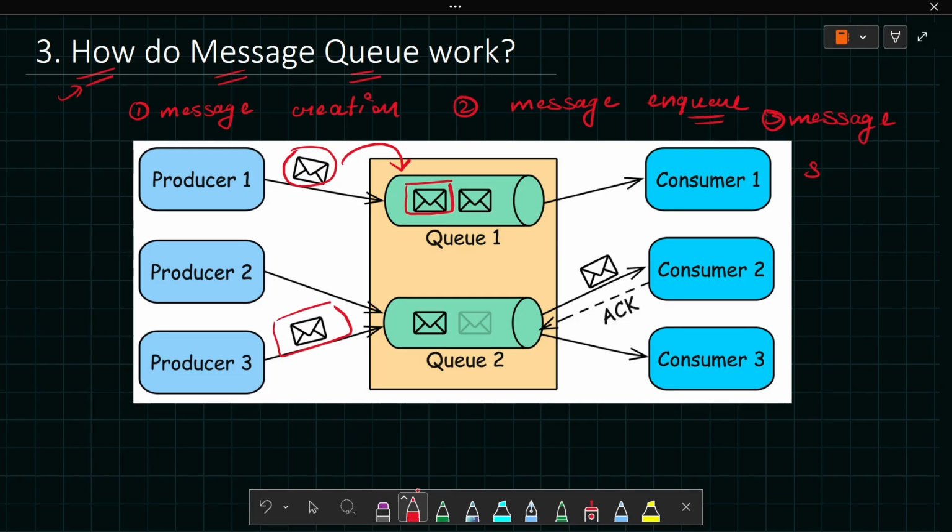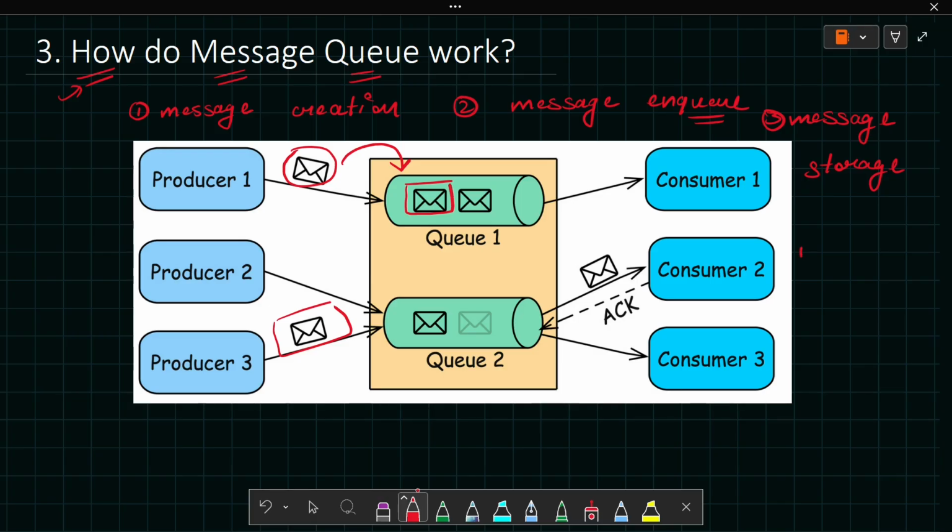What is message storage? Message storage means the queue stores the message in a persistent or transient manner based on its configuration. Based on configuration means what is the priority of the message and of the queue. Based on that, it is going to store that particular message.